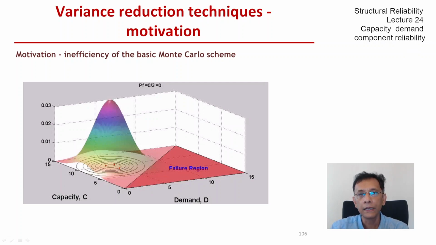So clearly, and as is quite usual, most of the probability mass is concentrated well into the safe area. So it's quite obvious that we are going to get a point generated on the plane quite rarely in the failure region, and that's exactly what happens as we see in this movie.